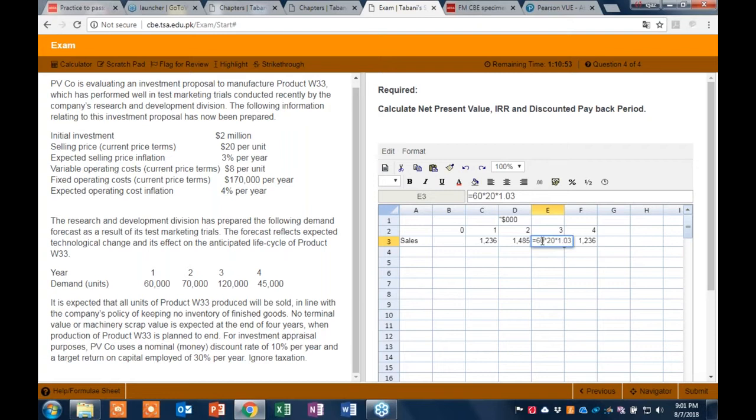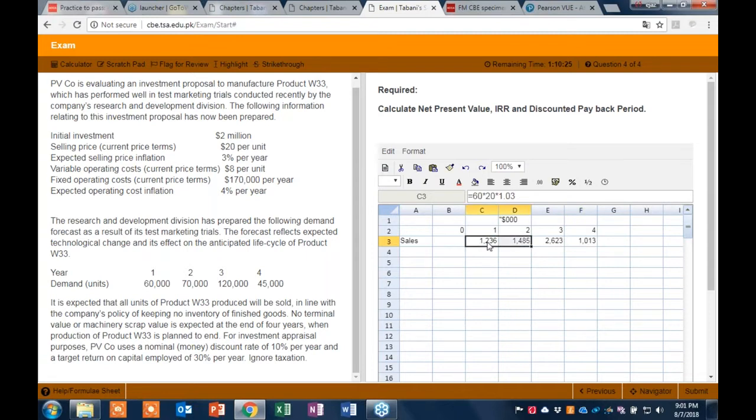Then the sales volume for year 3 is 120 into 20 into 1.03, but this time the power should be 3 to inflate this price for 3 years. And then the last year, the sales volume should be 45,000 into 20 into 1.03 raised to the power 4.